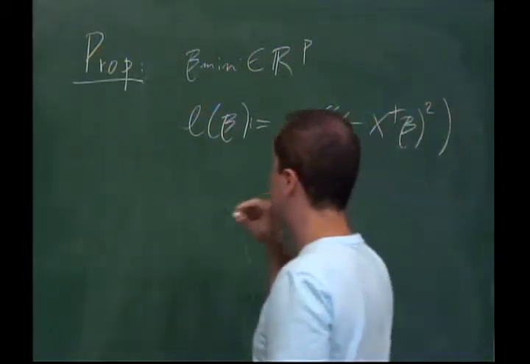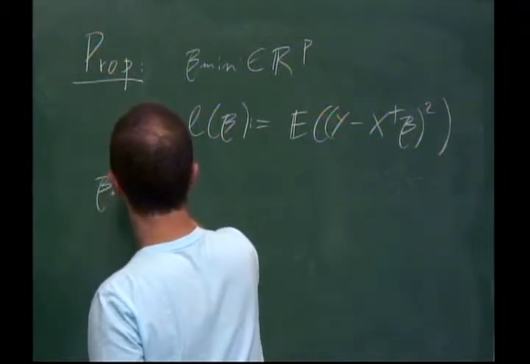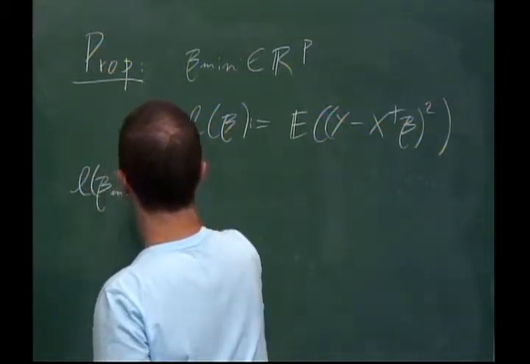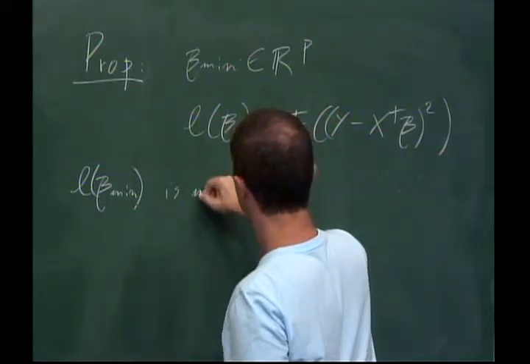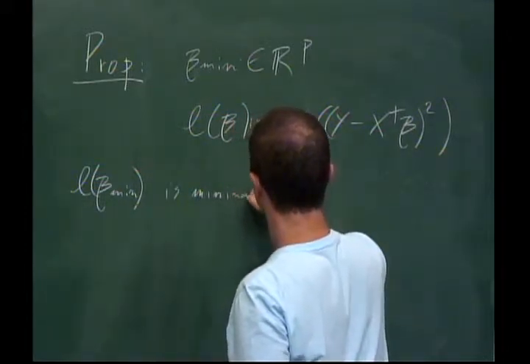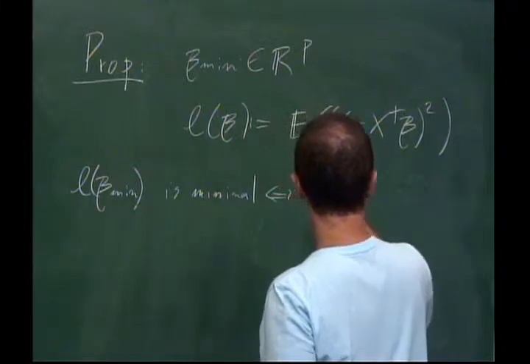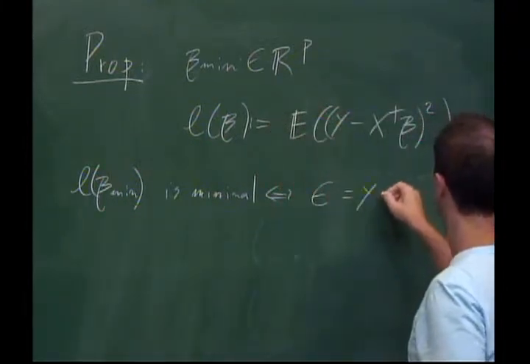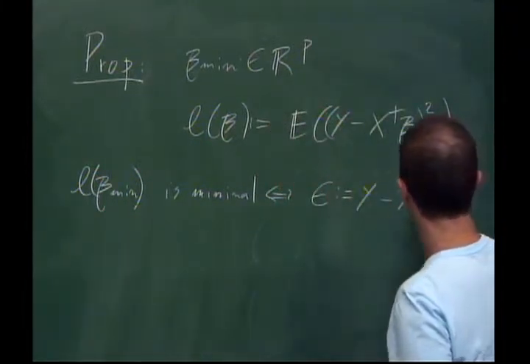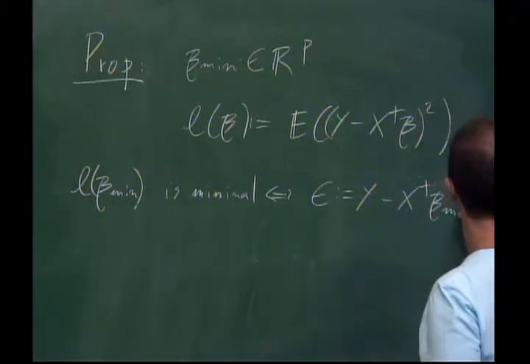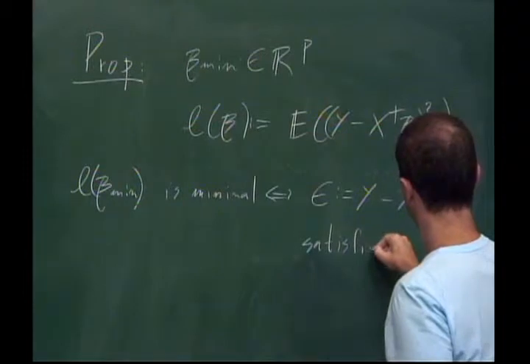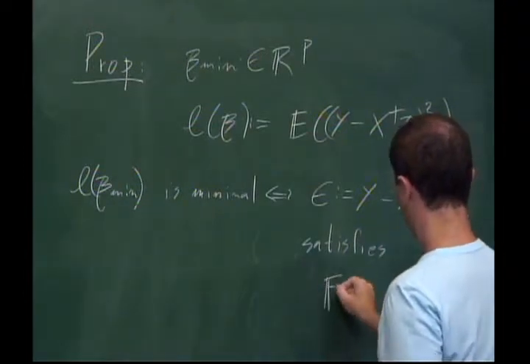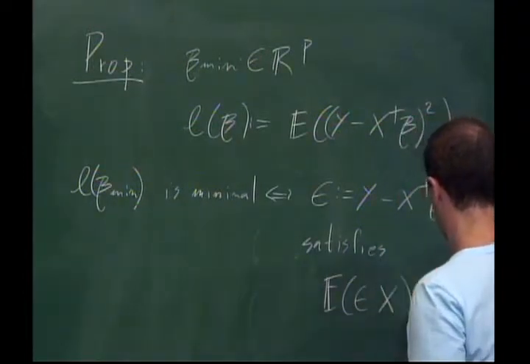And so let's say that beta min is a minimizer of the loss function if and only if the random variable epsilon that you define like this satisfies the expectation of epsilon times x equals 0.